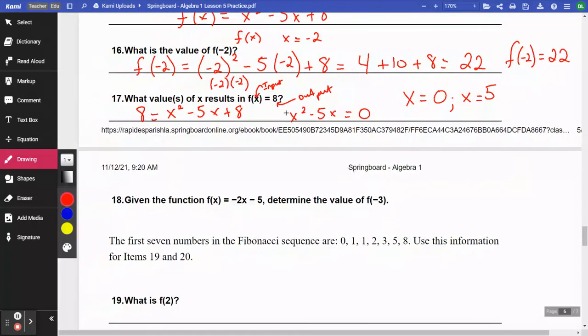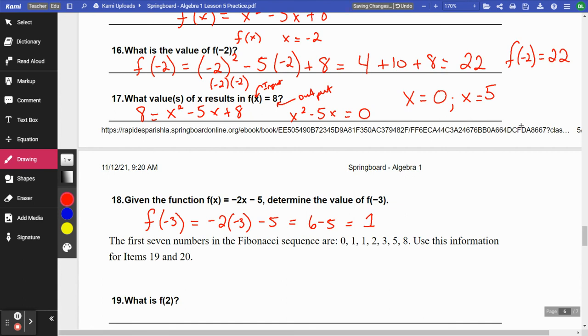Last one would be number 18. Given the function f of x equals negative 2x minus 5, determine the value of f of negative 3. So f of negative 3, that's my input, equals negative 2 times negative 3 minus 5. That is negative 2 times negative 3 is 6 minus 5, which is 1.